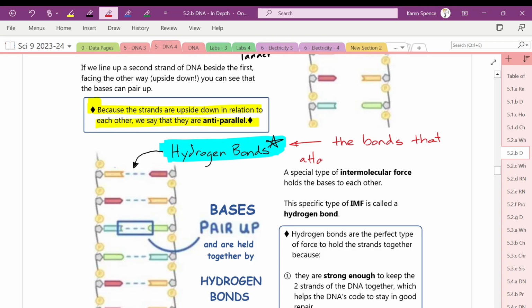They are the bonds that attach the, ooh, I got a big long word for you here. Hydrogen bonds are the bonds that attach the something or other bases to each other.